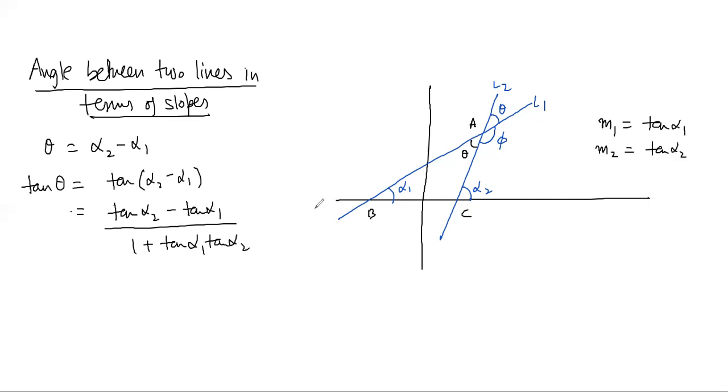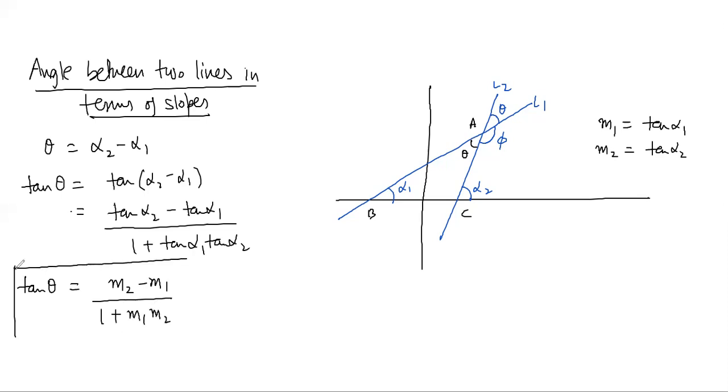So I can substitute m1 and m2 here. So in this particular case, tan theta is m2 minus m1 upon 1 plus m1 m2.